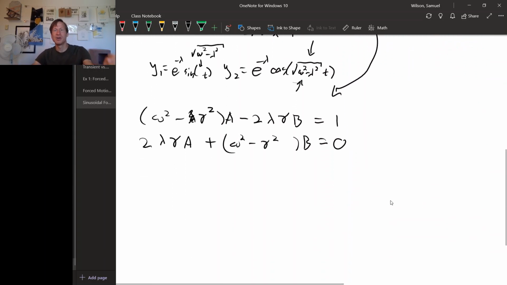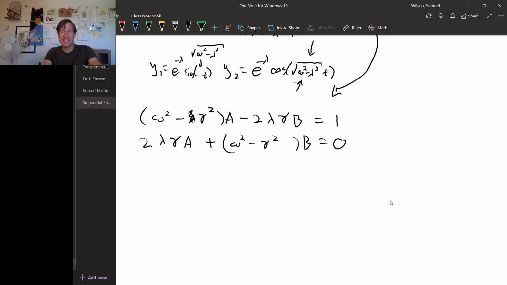Okay, now we have to solve this system of two equations for capital A and capital B. This is unfortunately quite a mess, but that's the life we live, so we have to deal with it. Let's solve for B first.